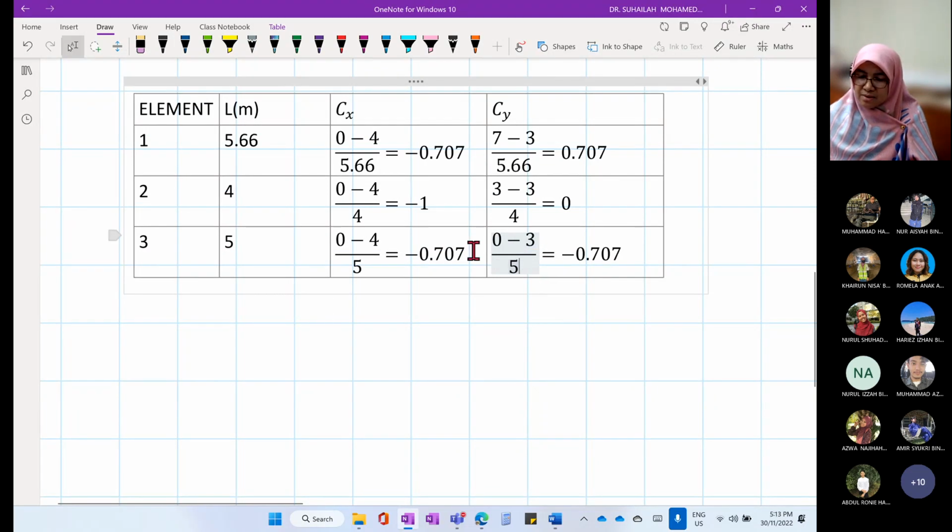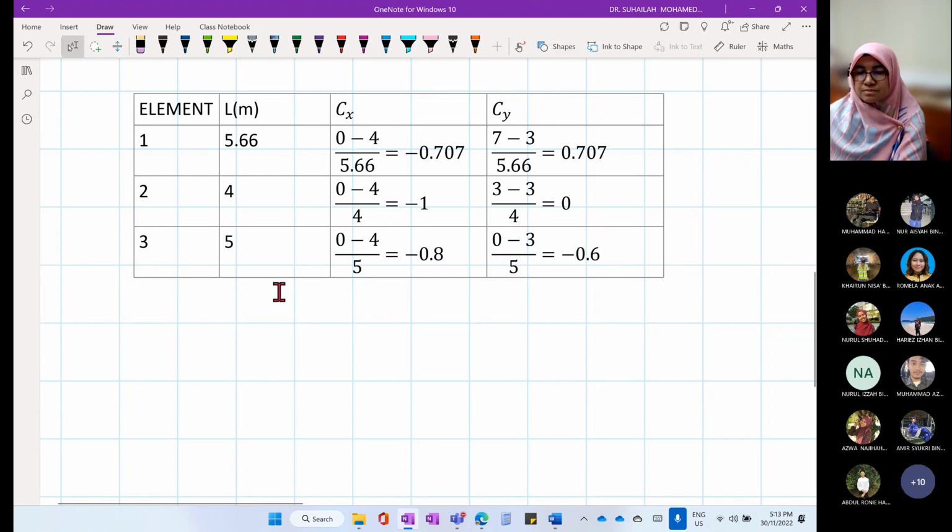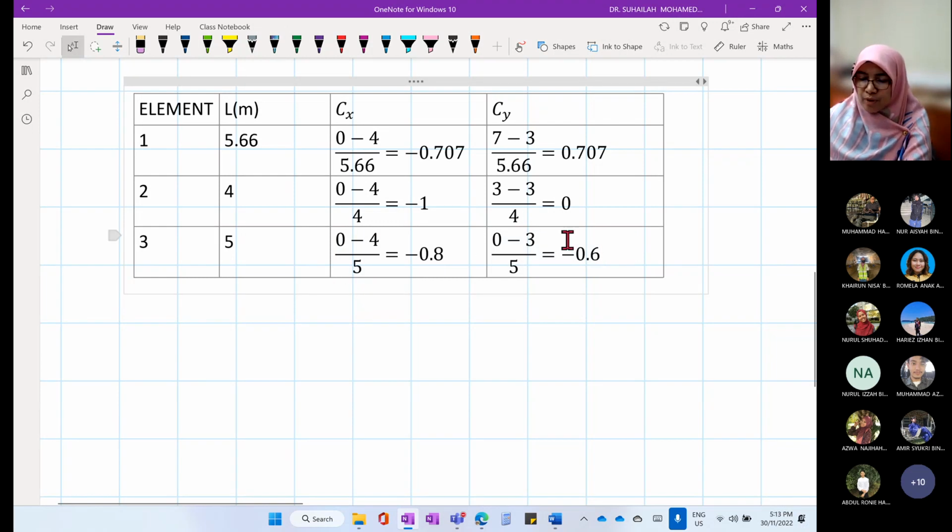Okay, it is negative 0.8 and negative 0.6.